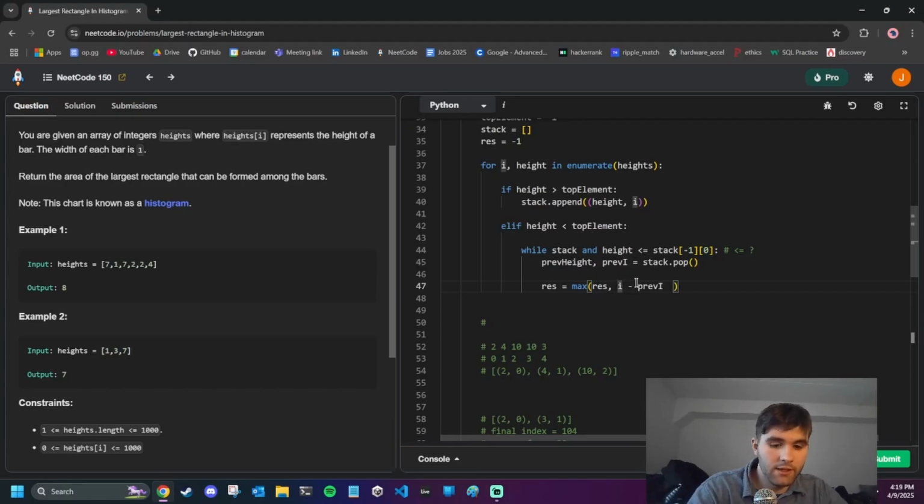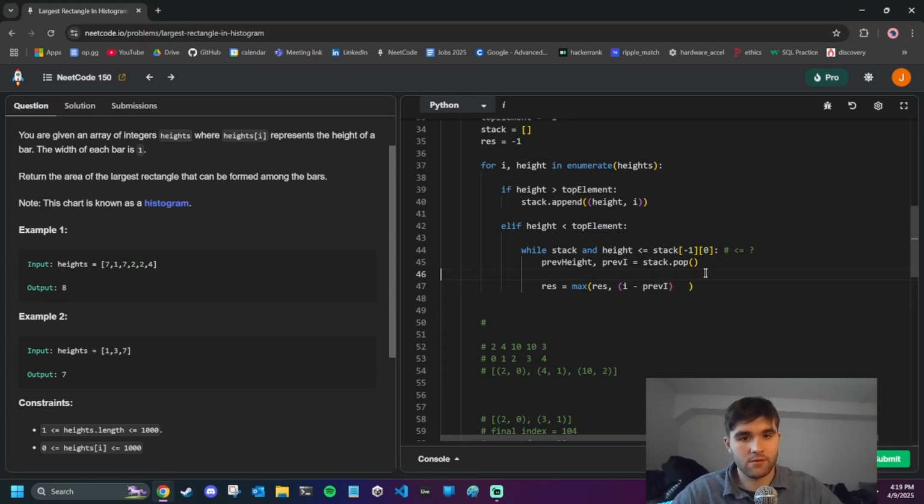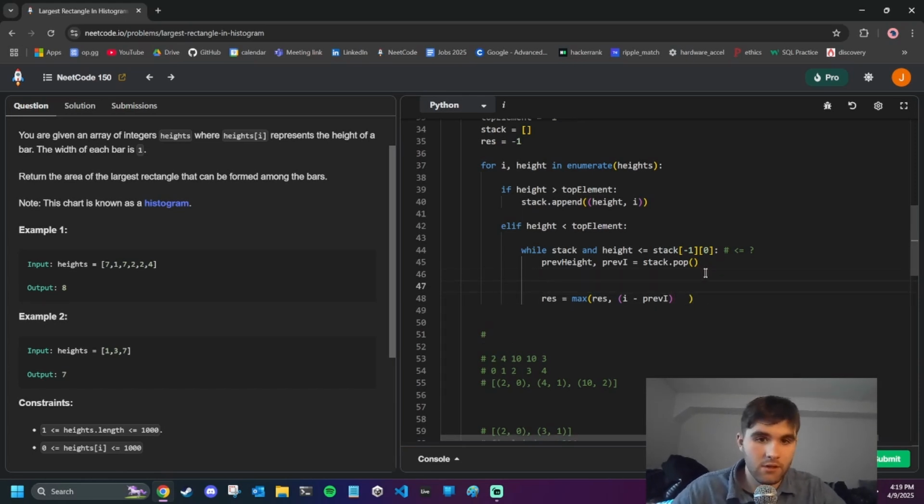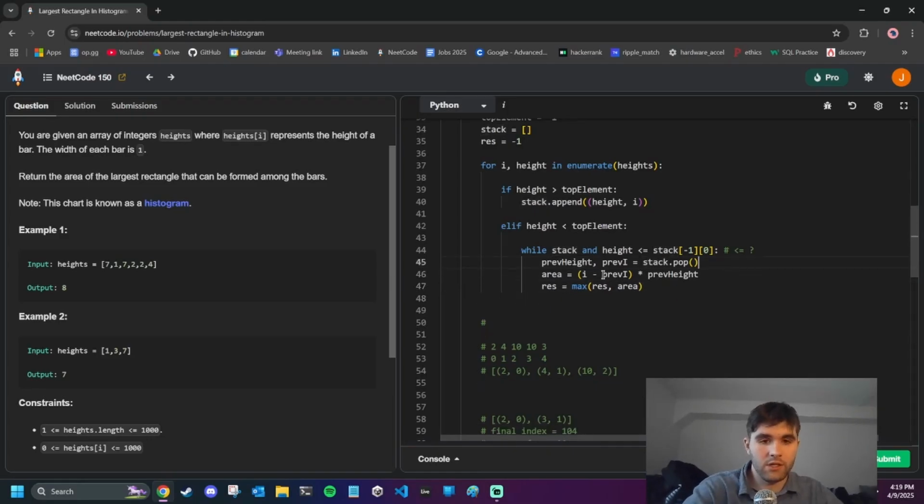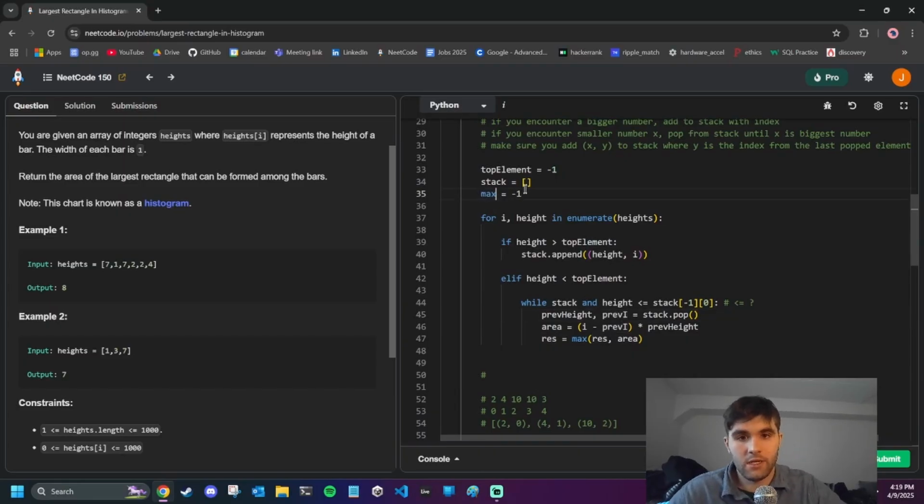And then we'll multiply that by, so we would say like area is I minus previous I times previous height. And we'd say our area, if it's bigger than the biggest one we found so far, so like max area found.